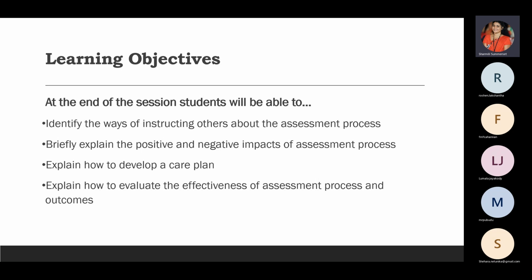Evaluation means, as it is a pain, we may use the pain scale to check the previous pain level and the level after the management. Or you can just ask your patient verbally how they are feeling, whether they are comfortable or not. Through those words we can check whether our plans are okay and whether the patient is now comfortable or not. So that's why the nursing care plan is very, very important.